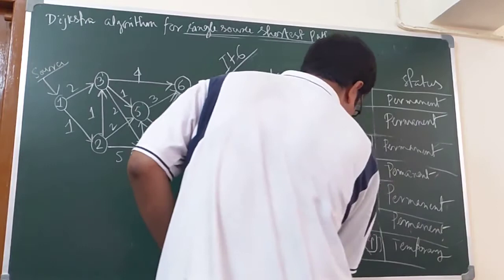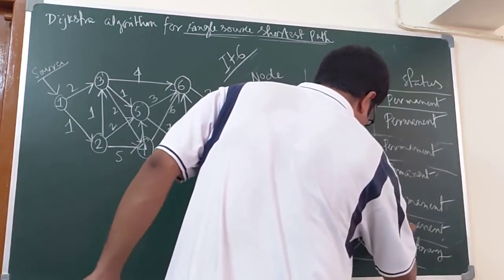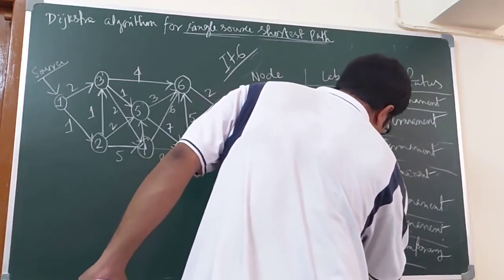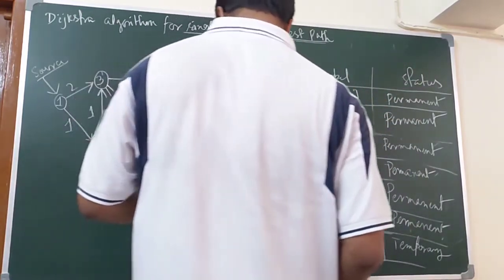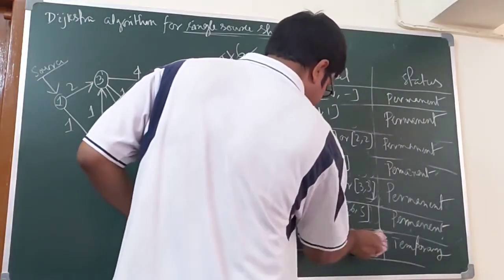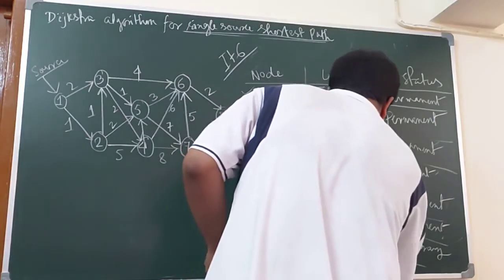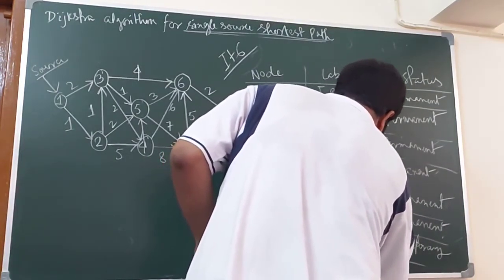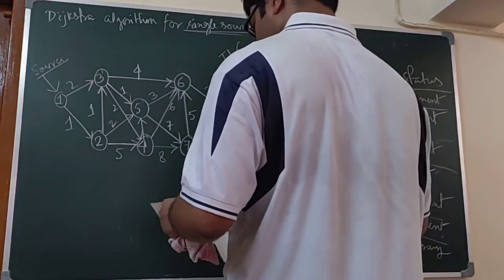The level value for the 6th node is 6, 3 or 6, 5. And for the 7th node, the level value is 10, 5, that is via the 5th node. Clear?